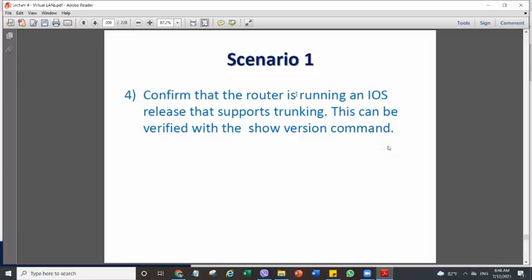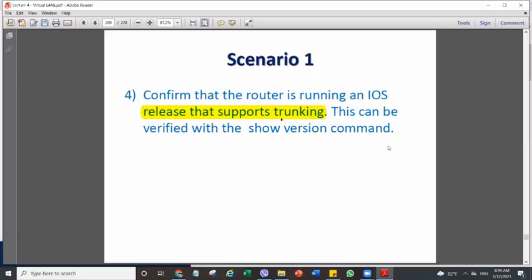Confirm that the router is running an IOS release that supports trunking. In some cases you may be using routers which do not support trunking. Actually, we check these things because only if the router supports trunking can we use the trunk configuration or trunk command.